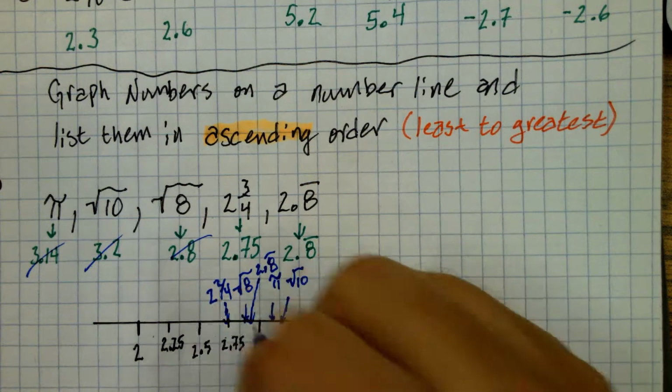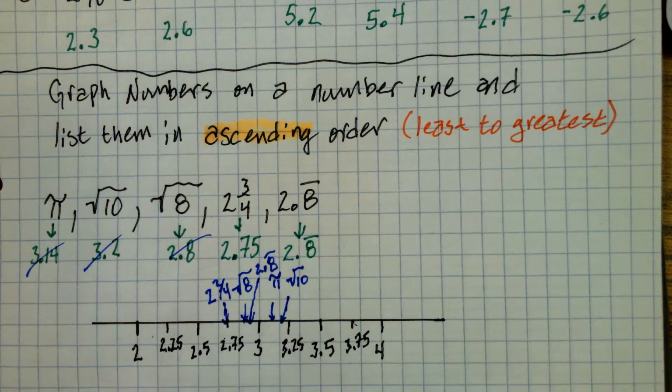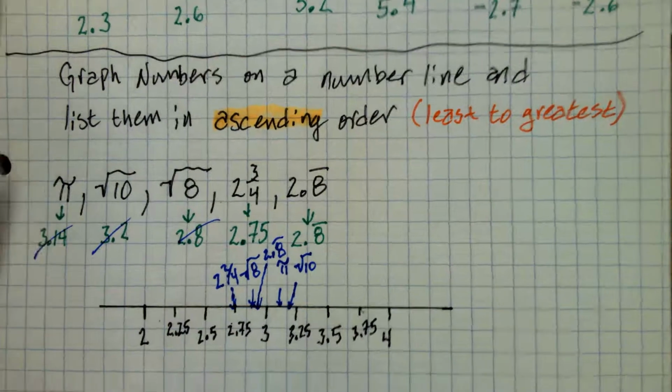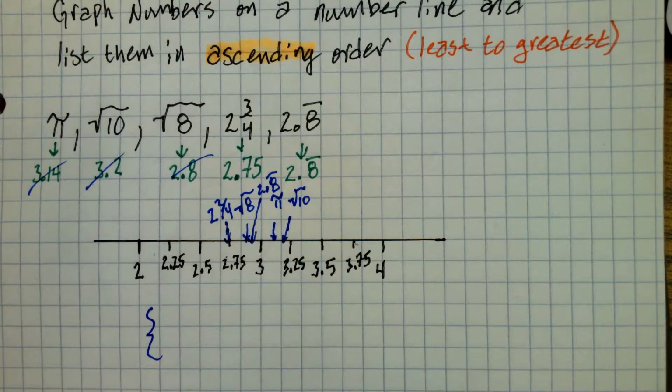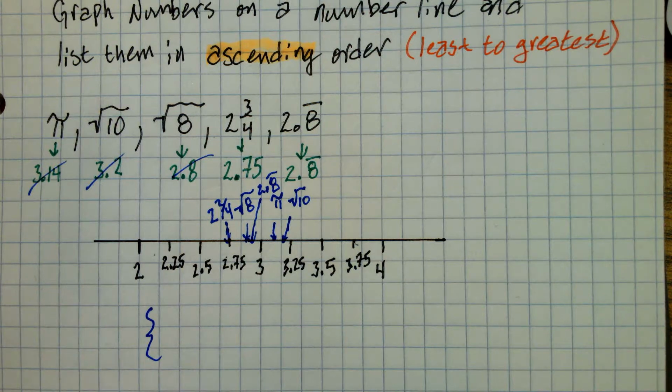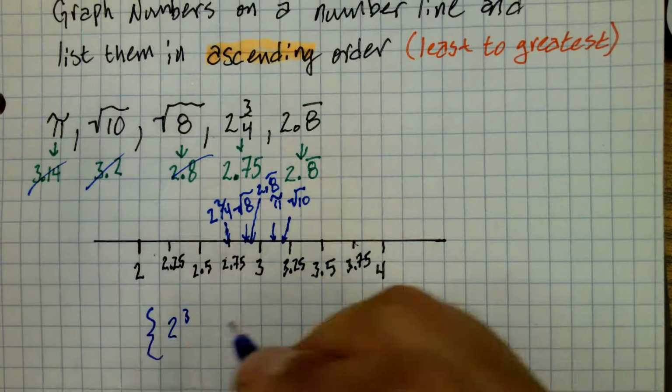But now we know the order, don't we? So we graph the numbers, and now we just write them in this order. So for the last part, I'll write them as a set. That means I'm going to put a squiggly bracket. Squiggly brackets are my favorite. Okay, so what's our least number? 2.75.